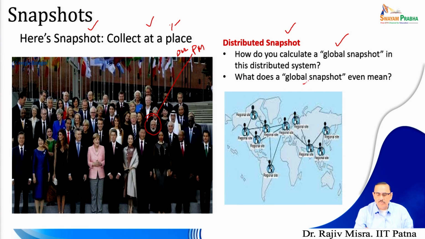So, what do we mean by taking a global snapshot for debugging purposes and various other applications? This snapshot is sometimes very useful. So, let us see the algorithm, how we are going to take the global snapshot where it is not possible to collect everything at one place.